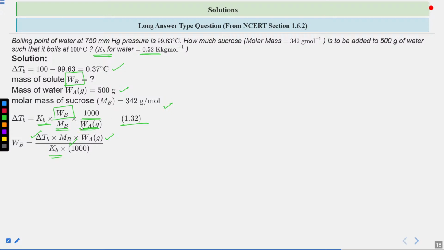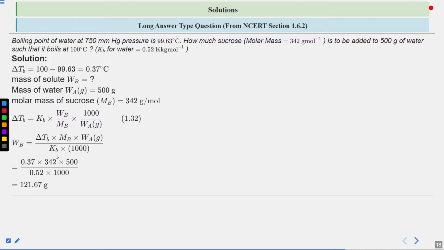You just have to put the values. When you put the values, it will be 0.37 times 342 times 500 divided by 0.52 times 1000. And when you solve this fraction, it will be equal to 121.67 gram, or 121.7 gram.